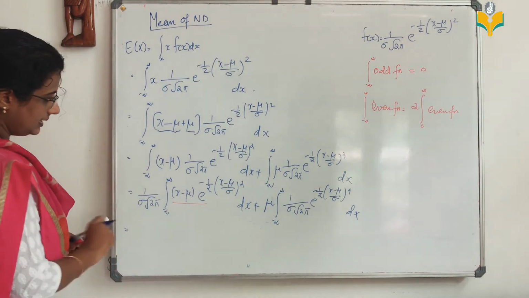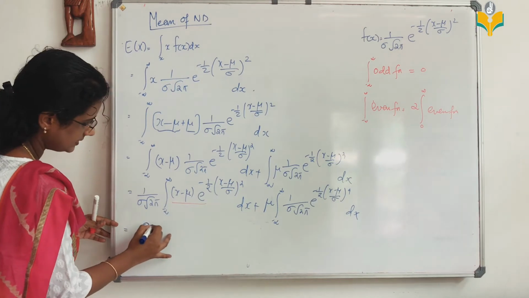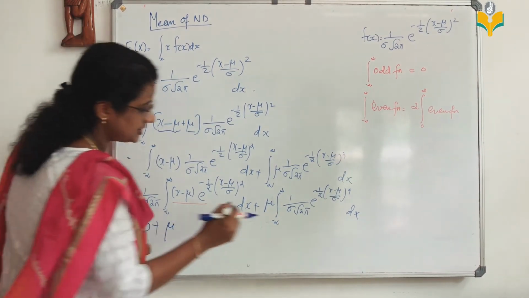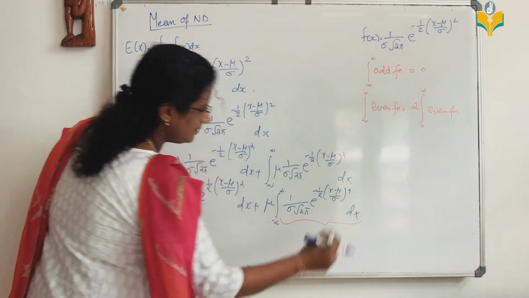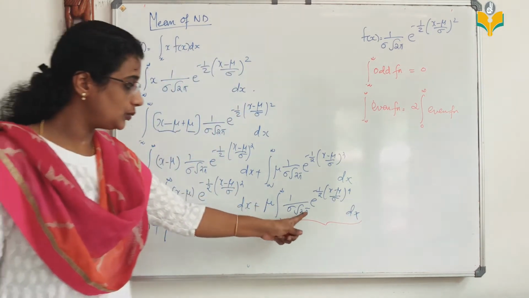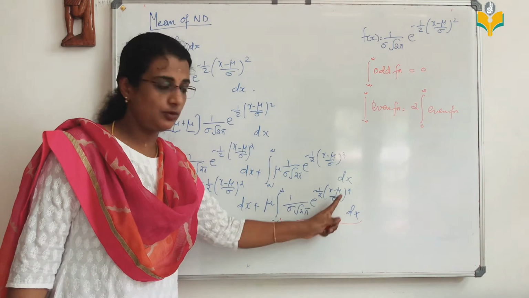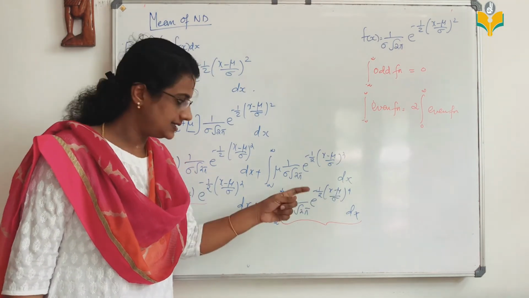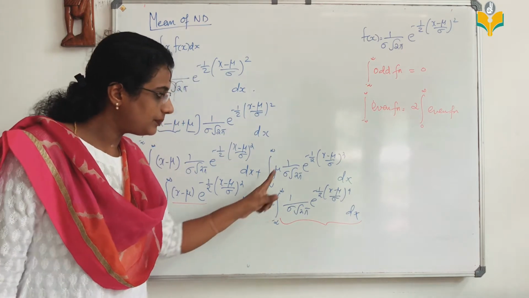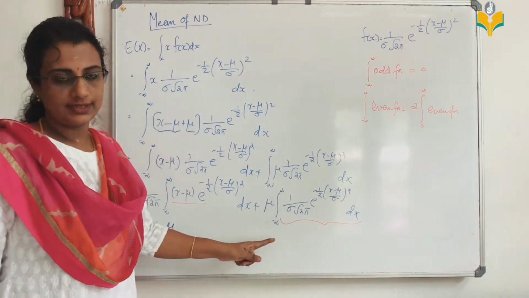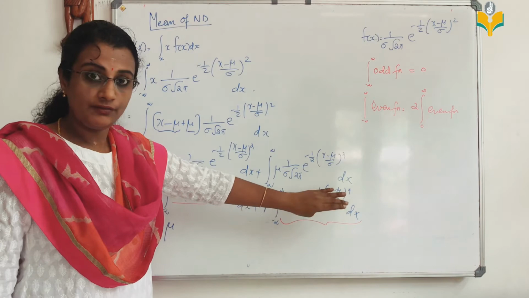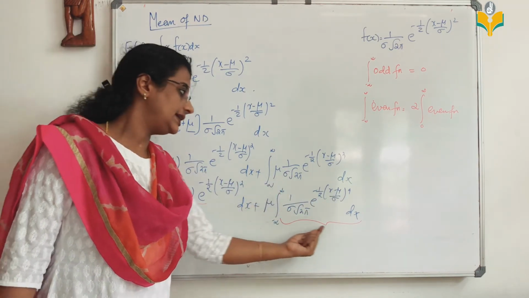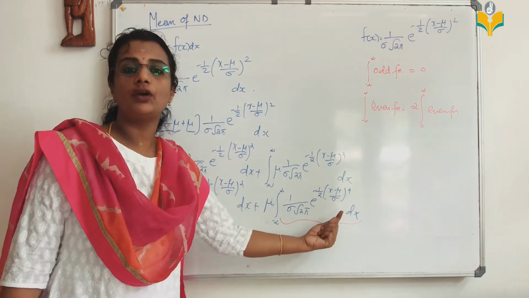So we get this odd function term as 0 plus mu into, what about this function? Integral from minus infinity to infinity of 1 by sigma root 2 pi into e raised to minus half into (x minus mu by sigma) the whole square. This is the PDF of the normal distribution, isn't it? We are integrating it from minus infinity to infinity, that means the total probability of the normal distribution.